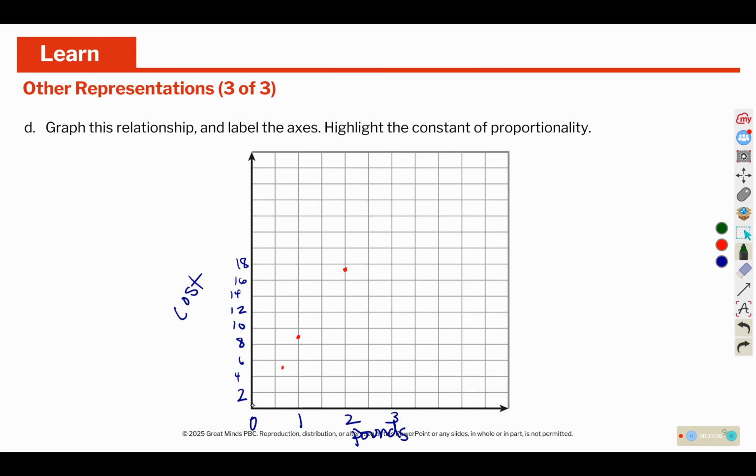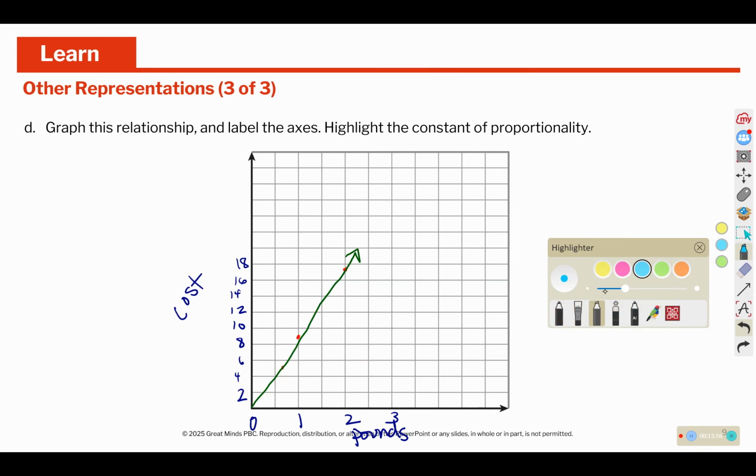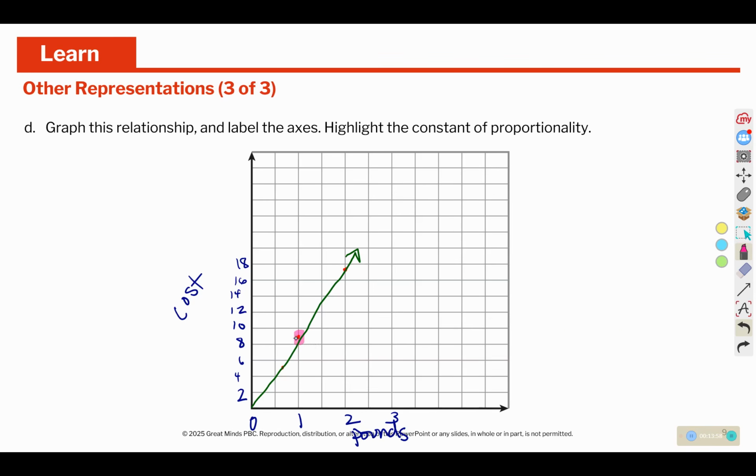So highlighting that constant of proportionality, we're looking at 1 pound costs $8.75.